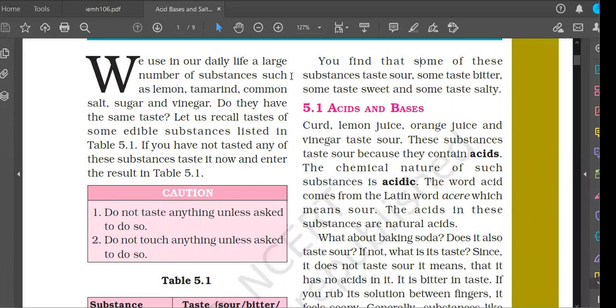So this was about acid. What about base? Tell me, what about base? It should have some taste, right?